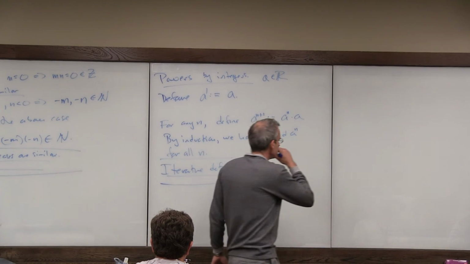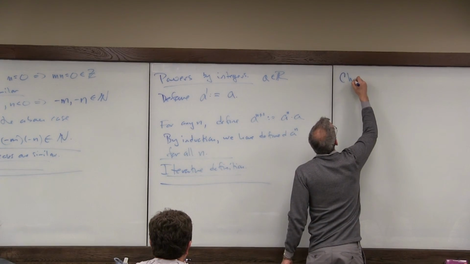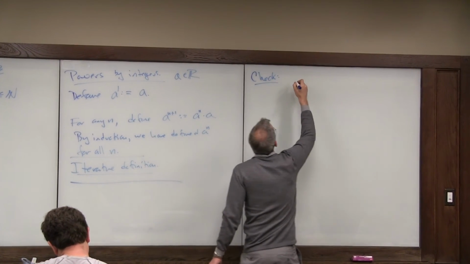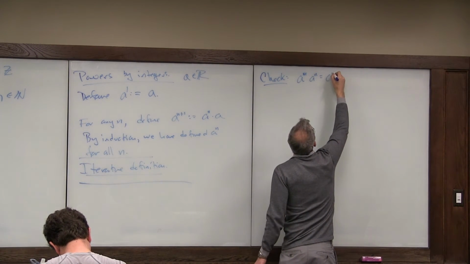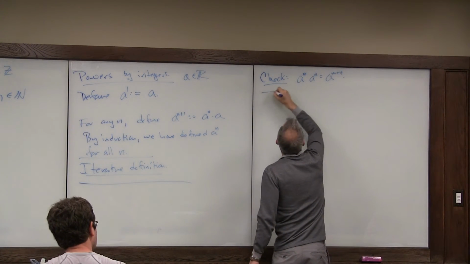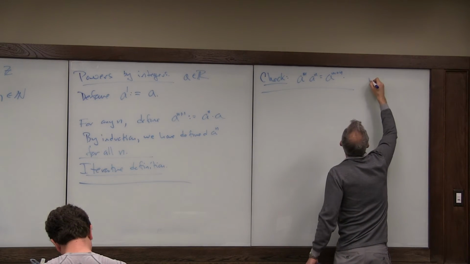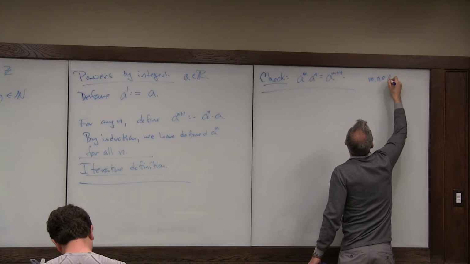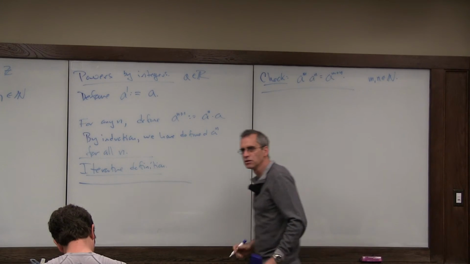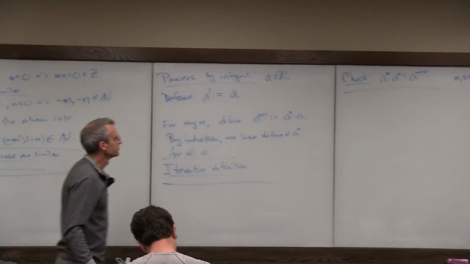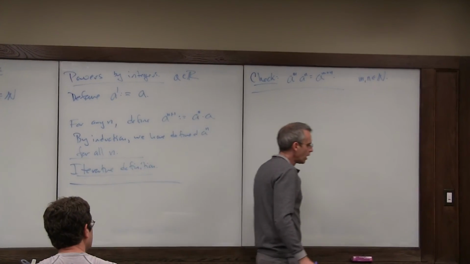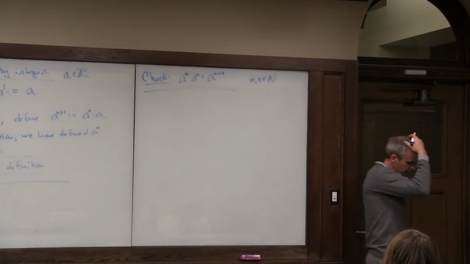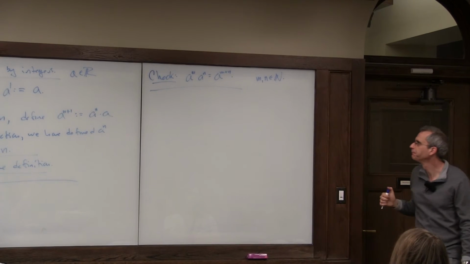Okay, so we're going to check the powers rule. A to the m, A to the n equals A to the m plus n. And for starters, we're going to say m and n are natural numbers, and then we'll extend this to a statement about the integers. Well, thinking about what we did before, what would be a reasonable strategy here?